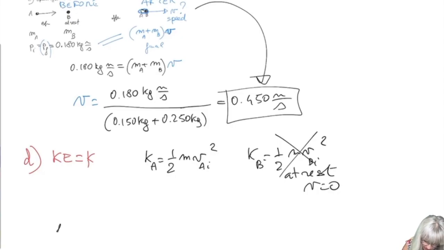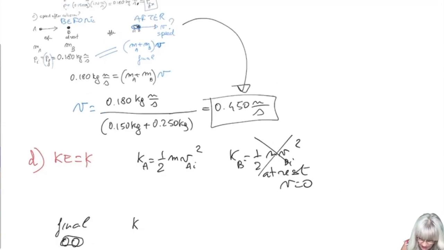Now I'm going to reason on the final stage. What would be the kinetic energy final? Because it's asking me for both stages, right? Before the collision and then after. Final is when we have the two bodies combined, the mass combined. So this kinetic energy will be 1/2 the combined mass, mA plus mB, multiplied by how fast it is moving, squared.